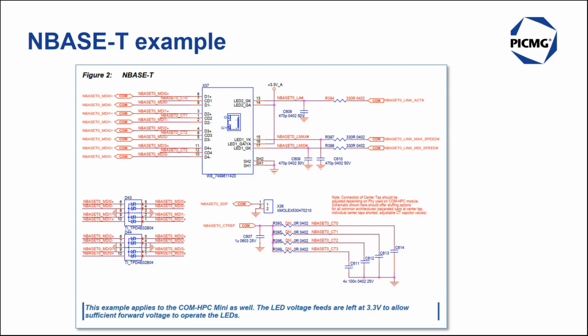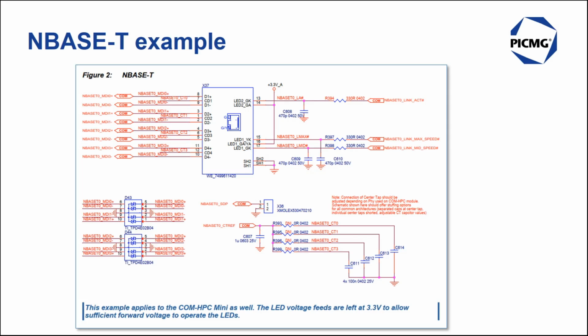For most interfaces, there is a circuit example in form of a schematic or block diagram. Various circuit examples cannot be included in the carrier design guide provided. The requirements of the possible systems and thus the possible schematics are simply too different for that.